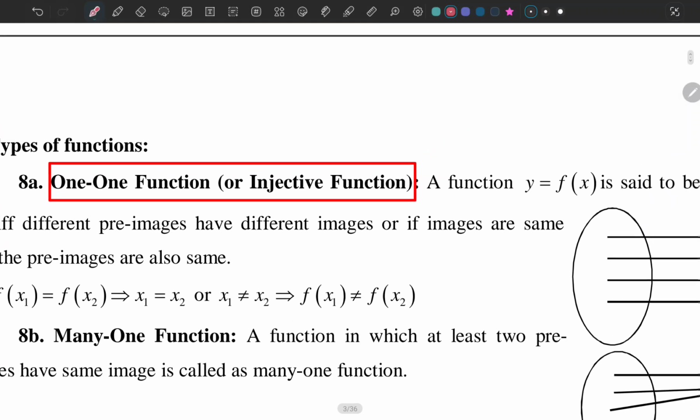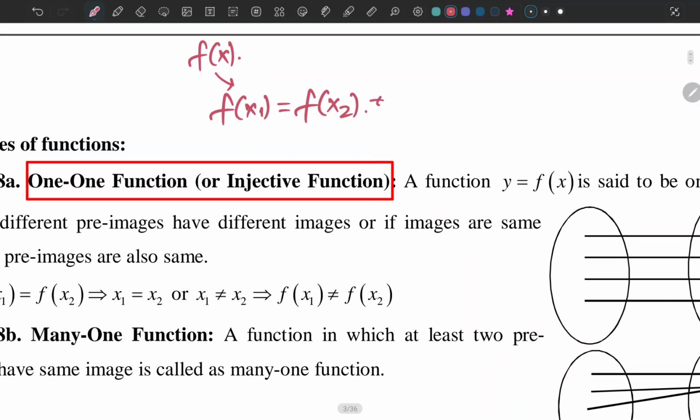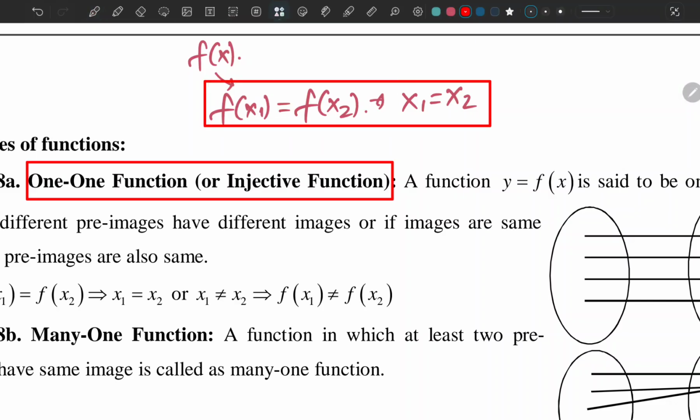To check whether a function is one-one or not, let's say you have a function f(x), then replace x with x1, and equate it with replacing x with x2. And if this comes out to be x1 equals x2, then your function is a one-one function.